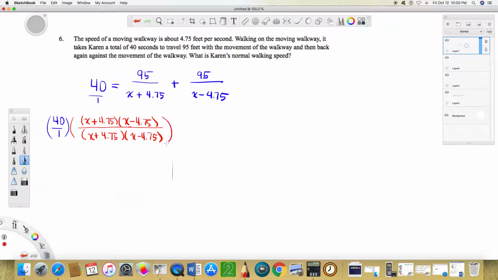So there's the left-hand side of my equation. On the right-hand side, this first term, in the denominator, we're missing the subtraction. We have the addition, plus 4.75, but we need an x minus 4.75.